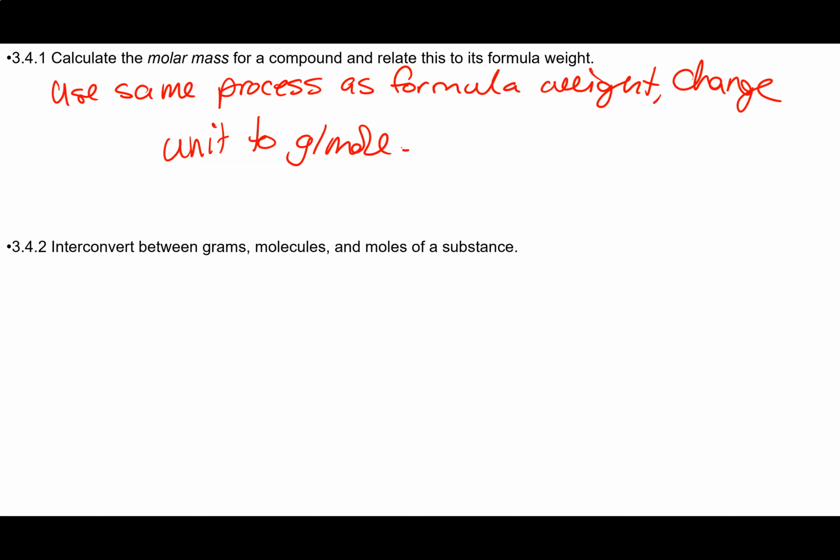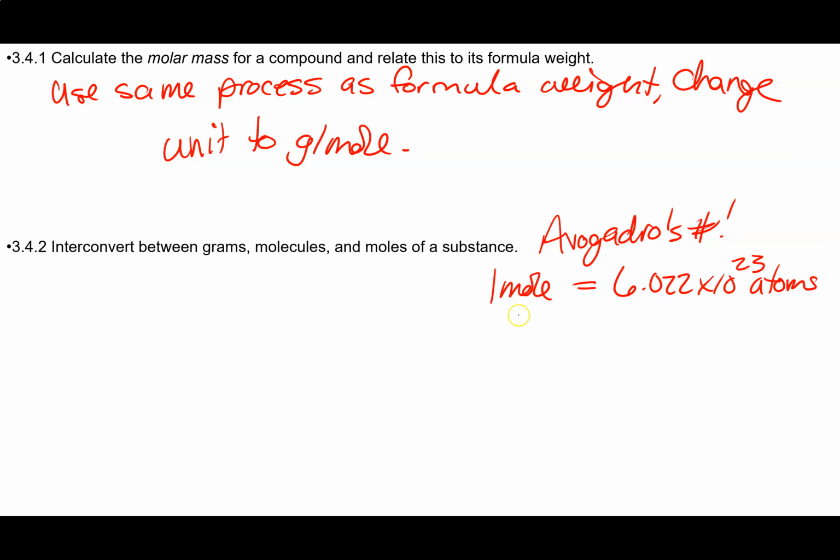Grams, molecules, and moles, this is where Avogadro's number comes in. So 6.022 times 10 to the 23rd atoms is 1 mole of atoms. I'll remind you that there are several different kinds of conversions we can do.